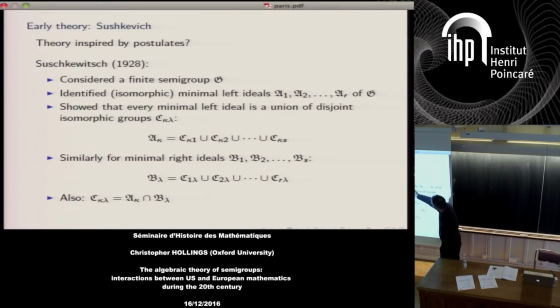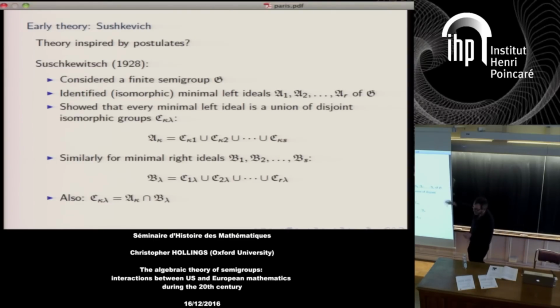He picks out minimal left ideals. He shows that these are right cancellative. They satisfy the right cancellation law. And that's another piece of circumstantial evidence that there's some postulational influence here, because usually you get both sides of the cancellation law together. It's mainly the postulate analysts who split them up into left cancellation and right cancellation.